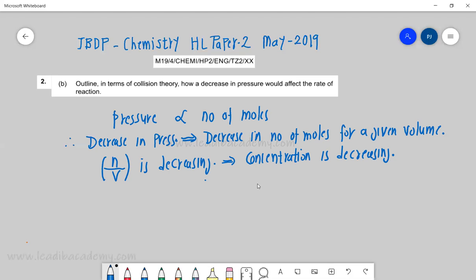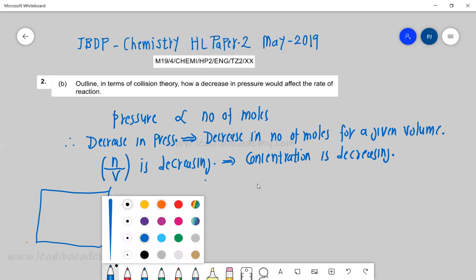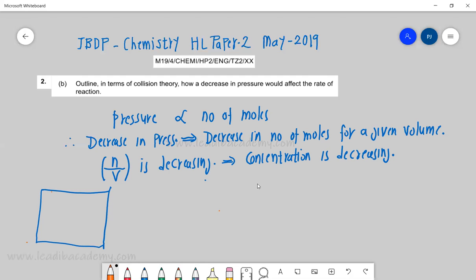It means that in the given space, let's say this is the container, the particles which are there, their spacing is increasing, they are going far apart. Earlier they were very close, now they are going far apart. So now their collision frequency is also going to decrease.